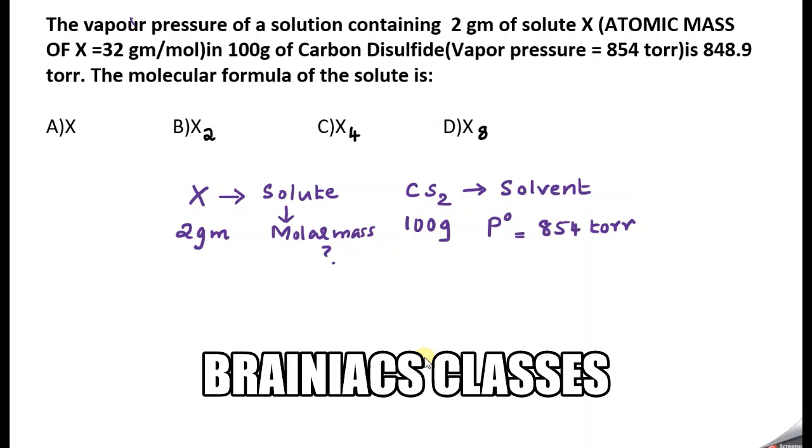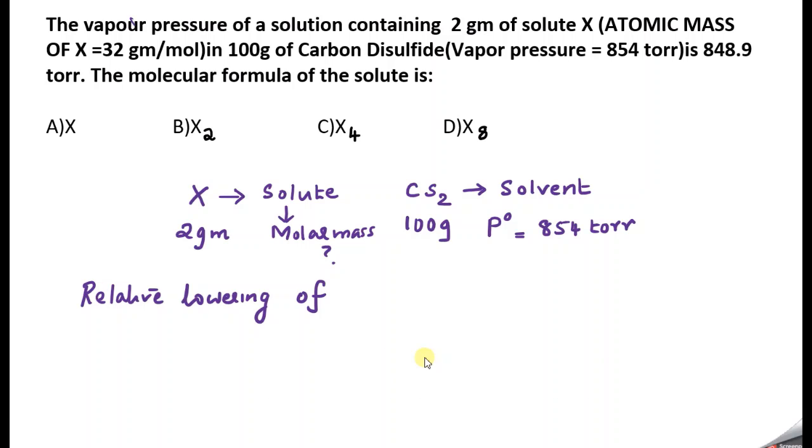Okay, so let's apply relative lowering of vapor pressure. Why are we applying relative lowering of vapor pressure? Because here the solute is dipped in a solvent, and because of this the vapor pressure of the solvent is decreasing. So that's the reason why we are applying relative lowering of vapor pressure.